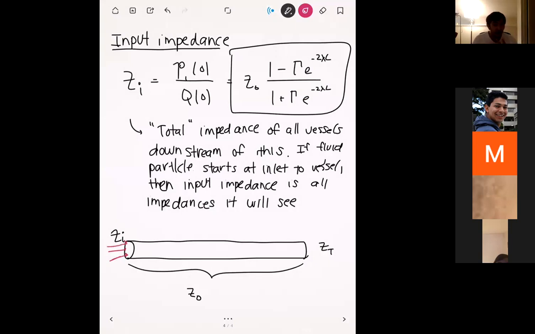Then we have Z naught, which is the characteristic impedance of this vessel in particular. And then we have terminal impedance, which is the impedance of all the vessels downstream of this vessel. I'll write more careful definitions for each of these, but I want you to draw this figure so you can see physically where each of the different impedances are located.